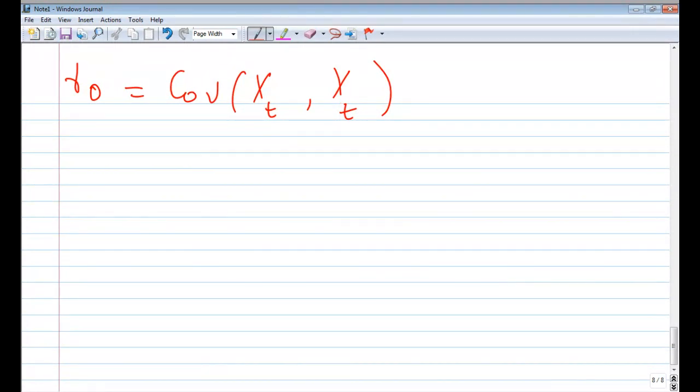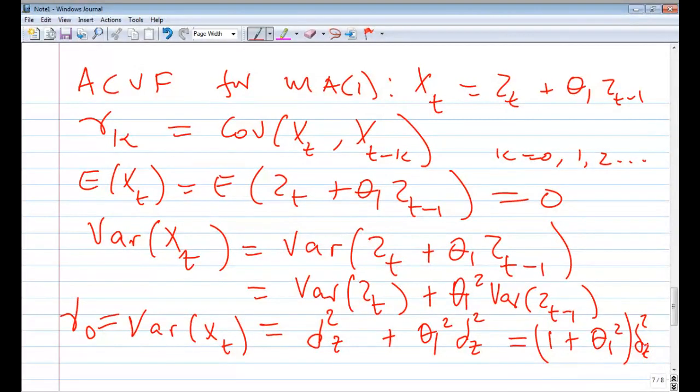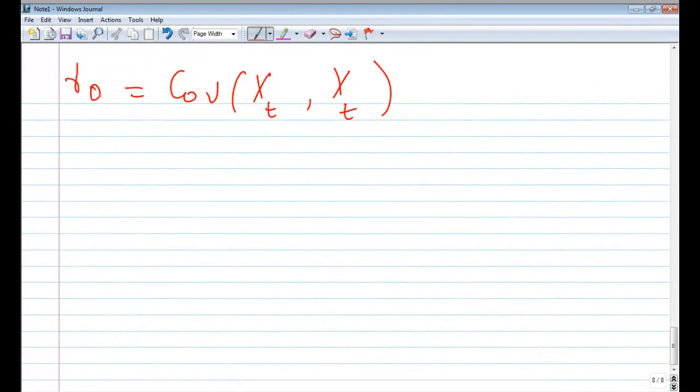You know where it is coming from? Let's go back. Gamma k is equal to the covariance of Xt and Xt minus k. But if k equals 0, here you're going to get gamma 0, and here you're going to get Xt, and here you're going to get Xt. So that is why we're using gamma 0 equal to the covariance of Xt and Xt.